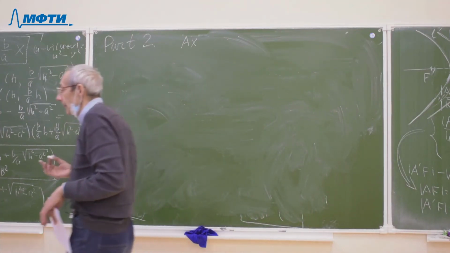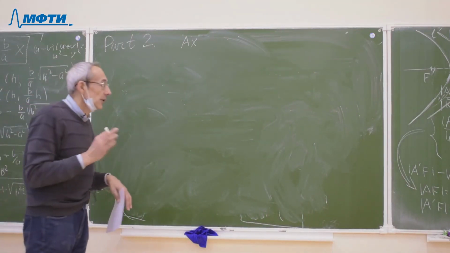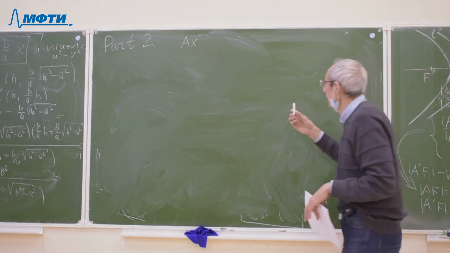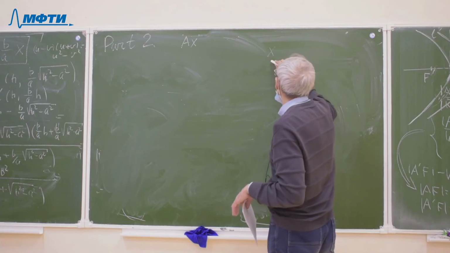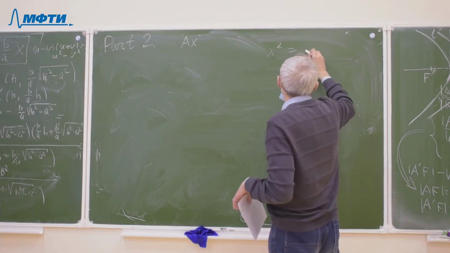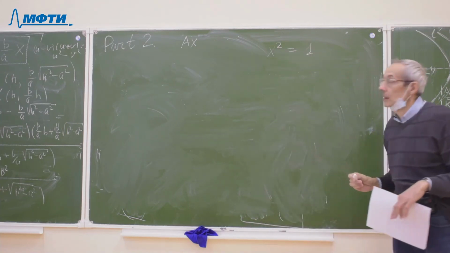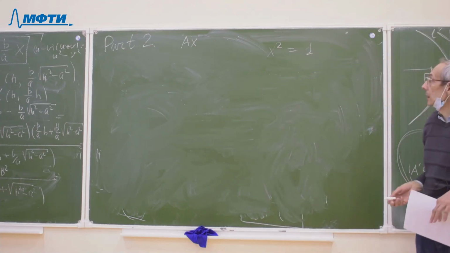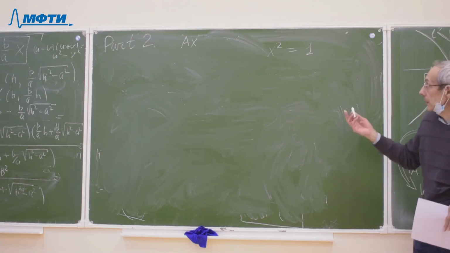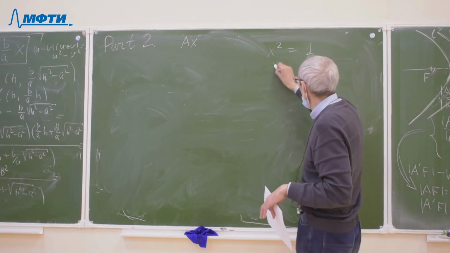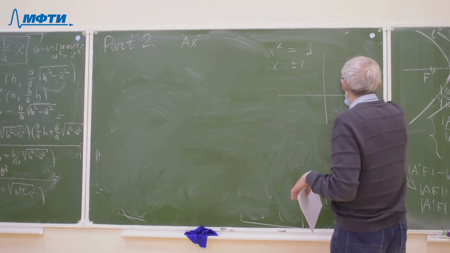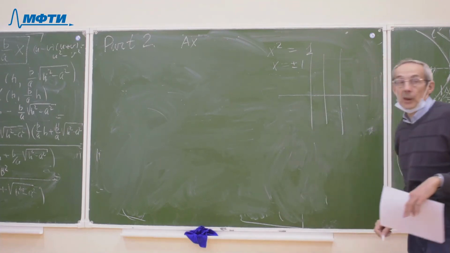But exactly, we have other so-called exceptional cases. For example, x squared is equal to 1, this equation does not define a conic section. In our case, x is equal to plus or minus 1, and we have two parallel straight lines.